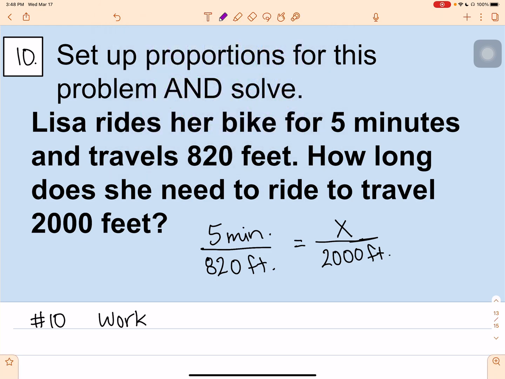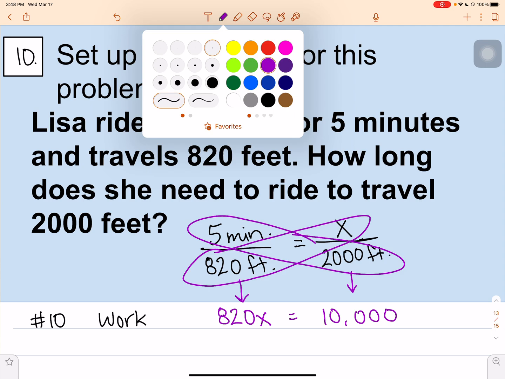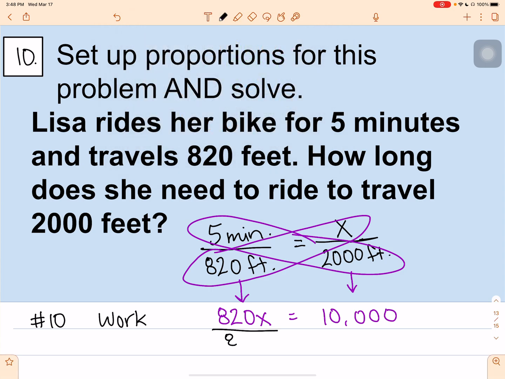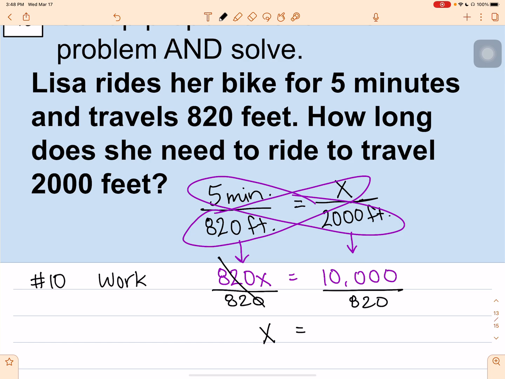And now we can cross multiply. 820 times X is 820X. 5 times 2,000 is 10,000. So now to get the X by itself, we're going to divide both sides by 820. Because 820 divided by itself is just 1. So I have 1x left.